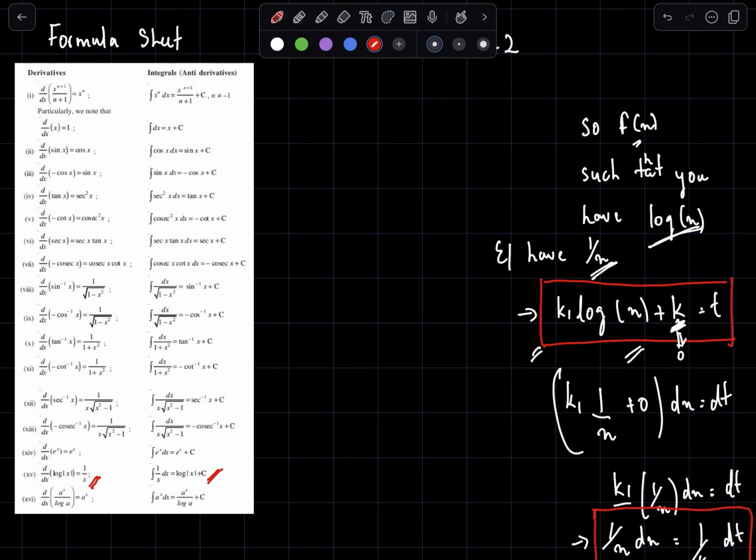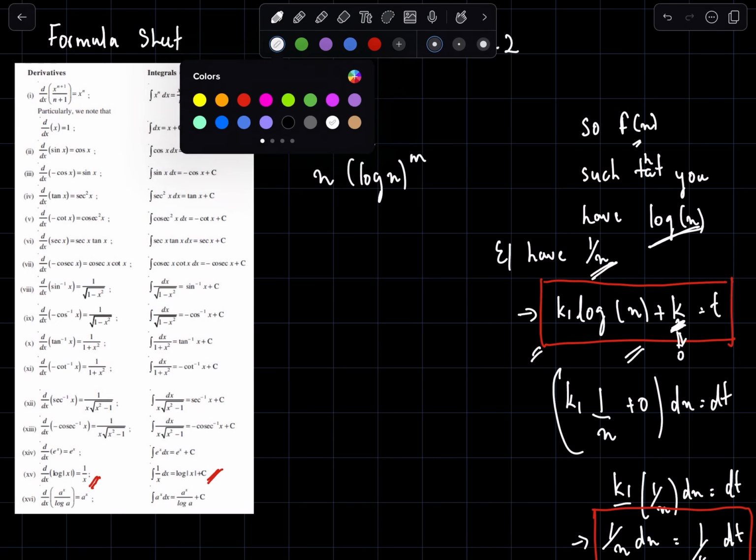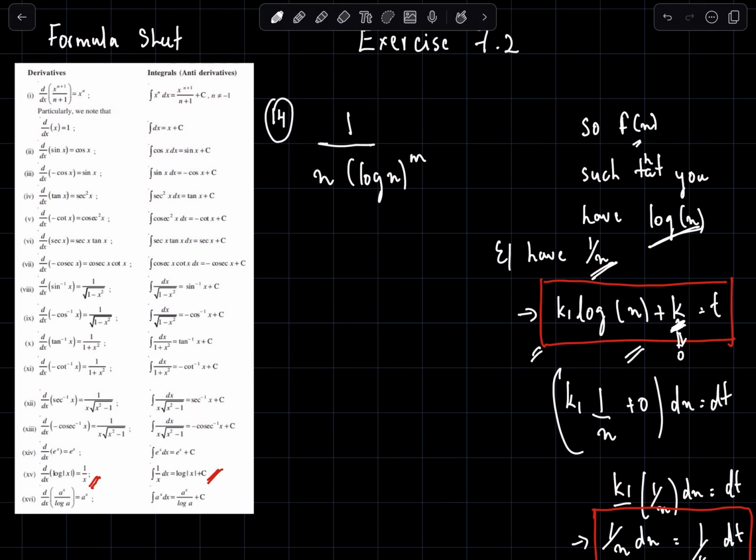So question number 14. Interesting. So question number 14 is 1 by x log of x raised to the power m. Remember, m is some constant value, a real number, so don't worry about that. 1, 2, 3, 4, whatever.